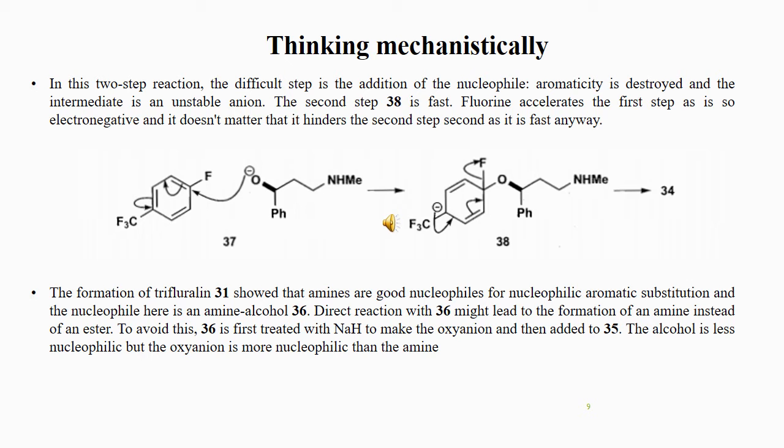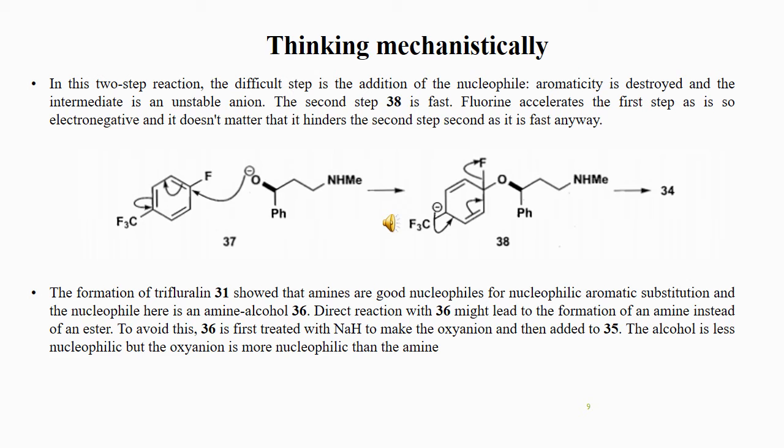This is 36, the amino alcohol, which is attacking the aromatic ring 35. Amines are good nucleophiles here. The alcohol part of it is actually attacking the aromatic ring.